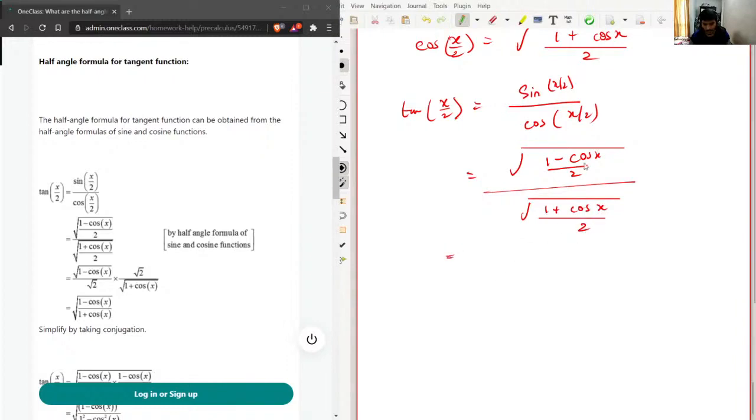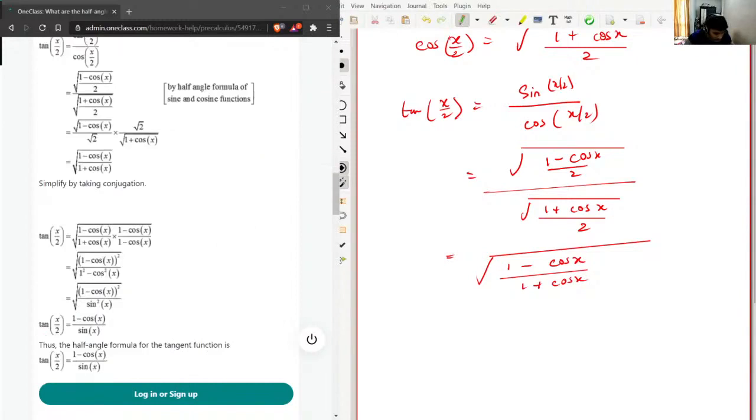This 2 and 2 can get cancelled, and this will become the square root of 1 minus cosine x over 1 plus cosine x.